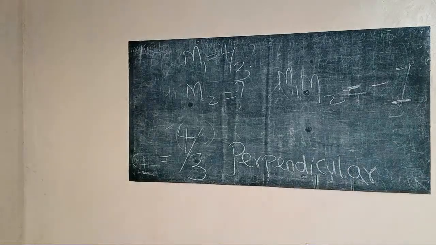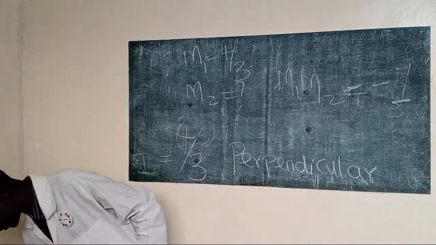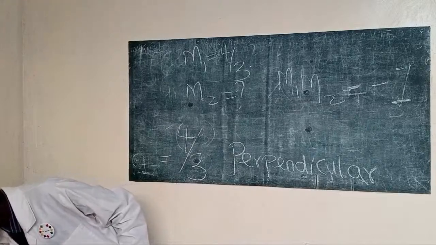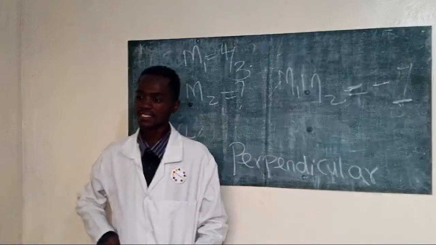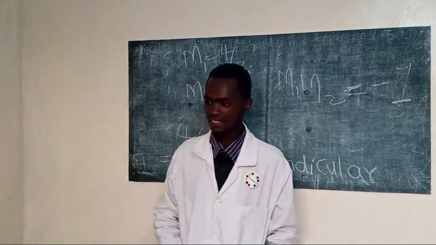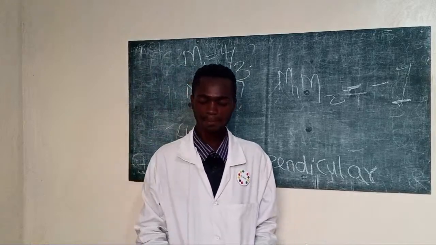Oh, yeah, good. Hiyo negative 1 hatuelewi mahali inatoka. Nani anaelezea hiyo negative 1 imetoka wapi? Hiyo negative 1 is the formula, or it is the relationship between a line and its perpendicular line.